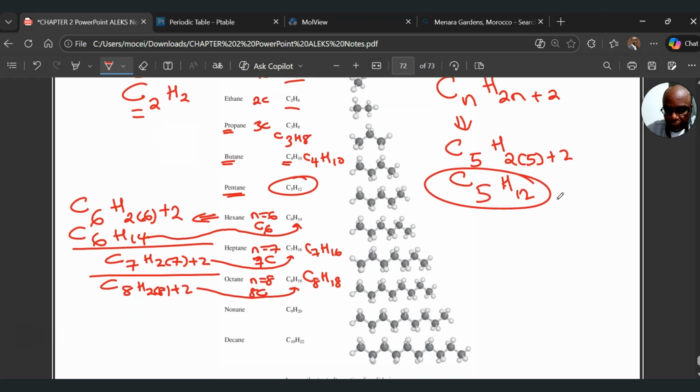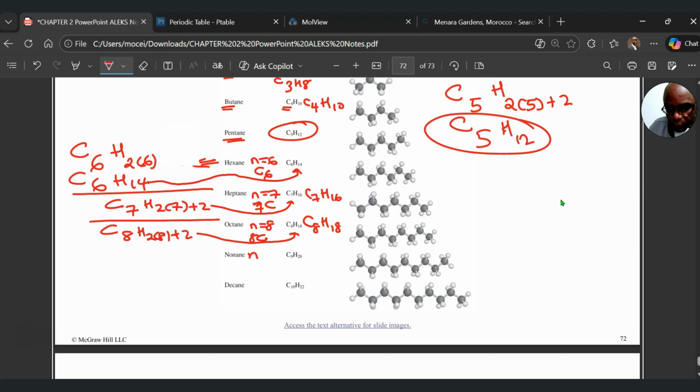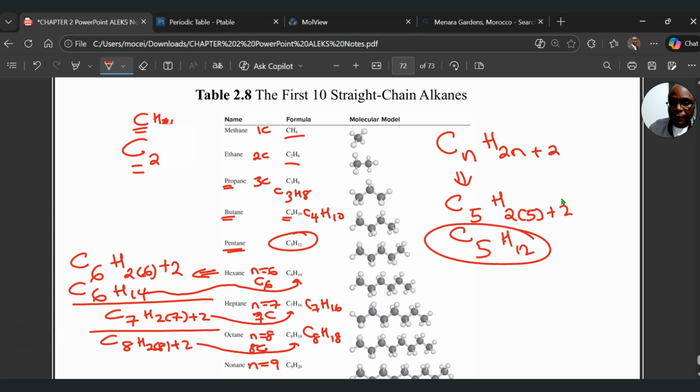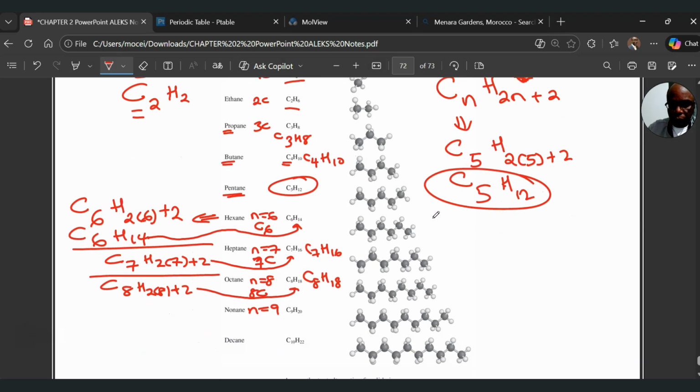Nonane, you have 9 carbons. So n equals 9. Nonane, 9 carbons. All these are alkanes. Alkanes, they are those compounds that follow the general formula CnH2n+2. That's what you are doing. So here you have 9 carbons. In that case, it will be C9H(2×9+2).